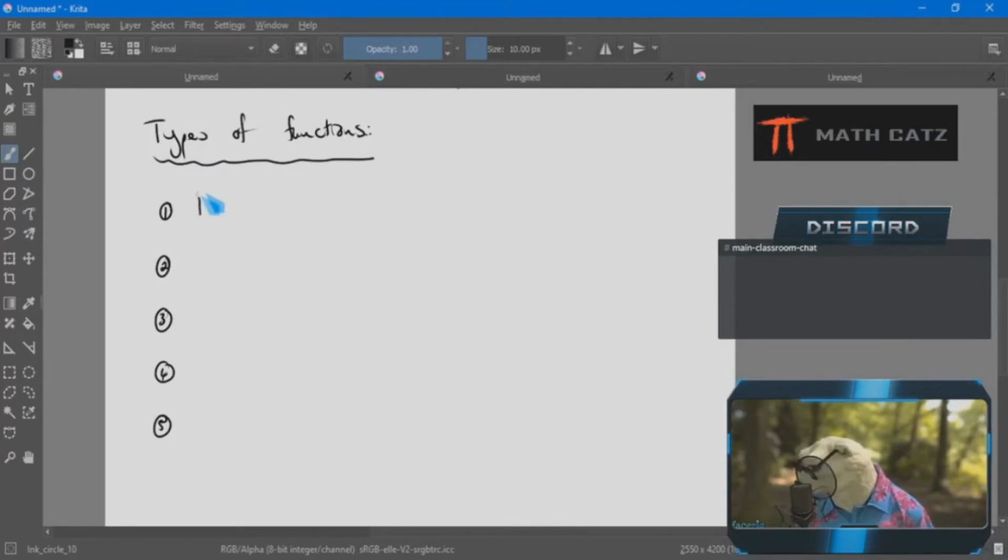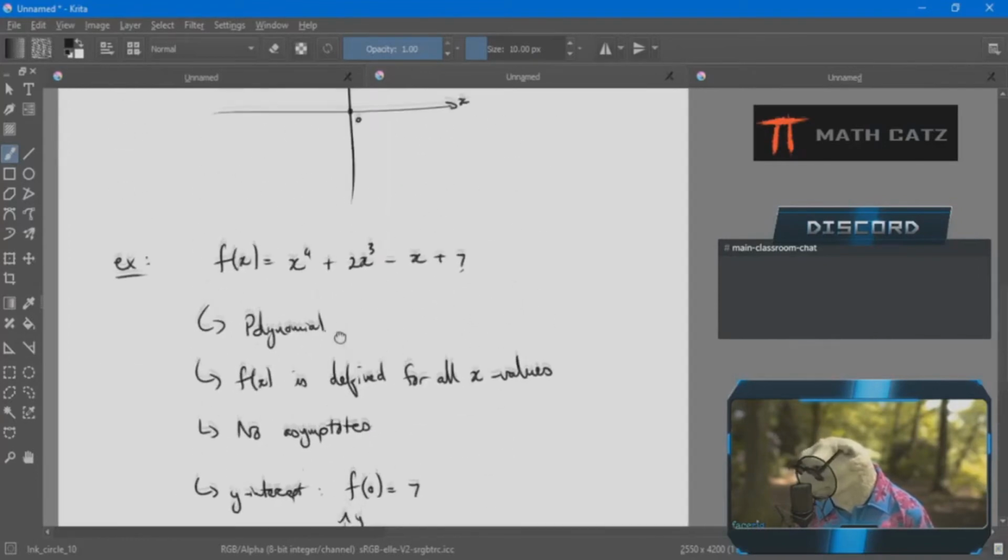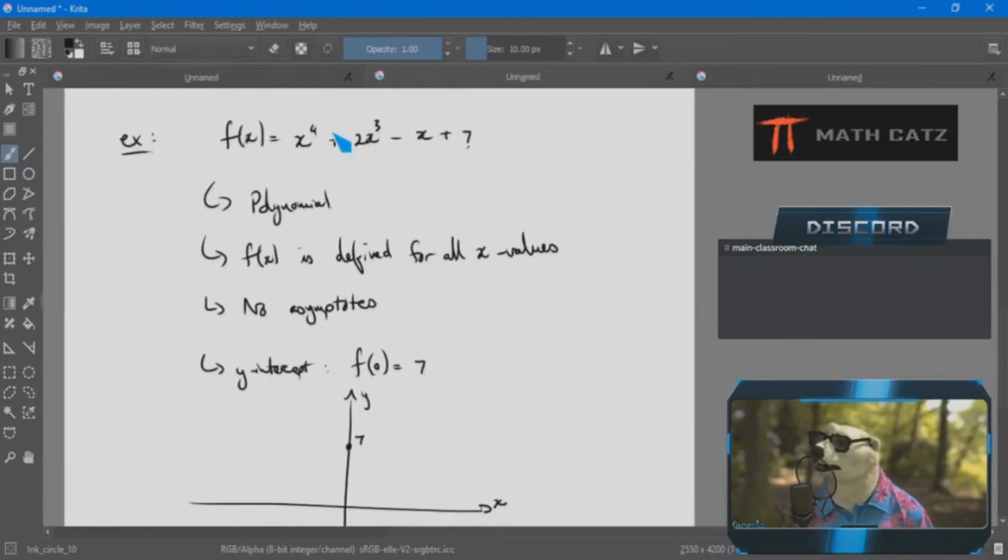The first one is, of course, polynomials, which we've seen. I need to eventually make sure that I do all the steps for polynomial examples.